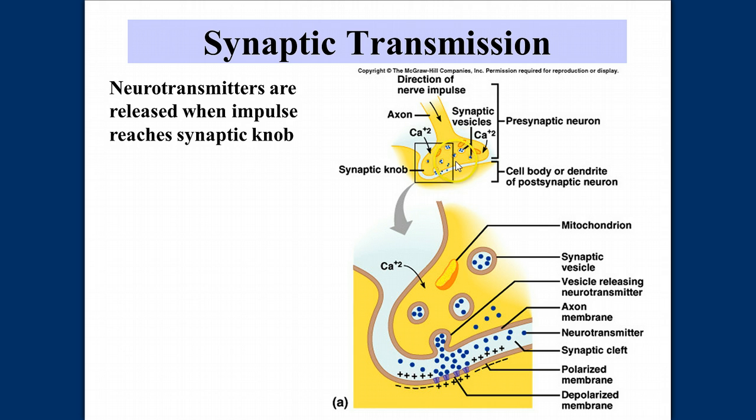Now the neurotransmitters are released by what process here? What's happening here? Yes, exocytosis. The synaptic vesicle moves toward the edge of the membrane of the synaptic knob and releases its contents after the influx of calcium.